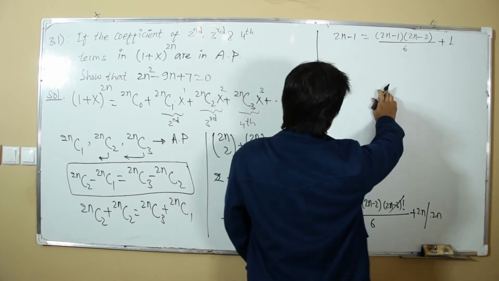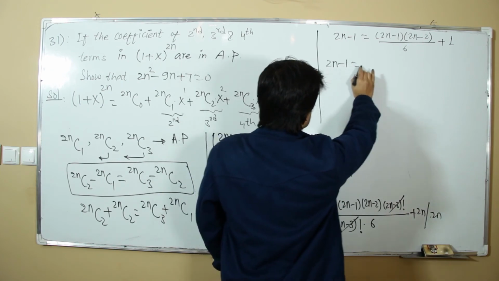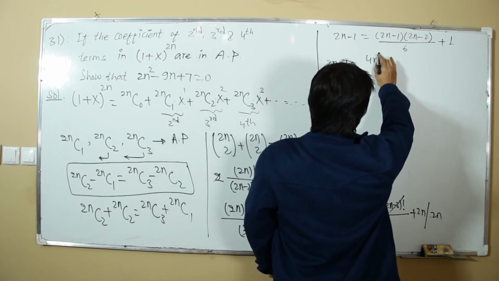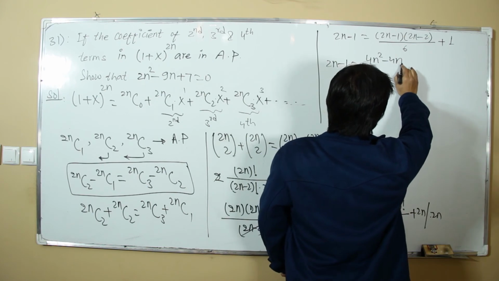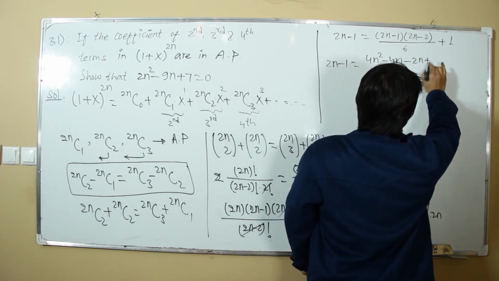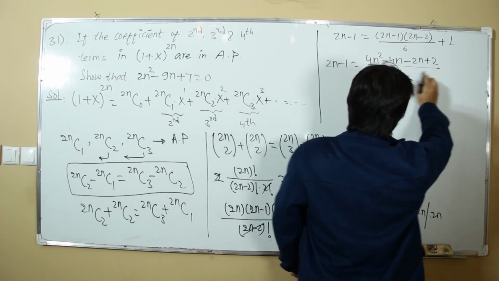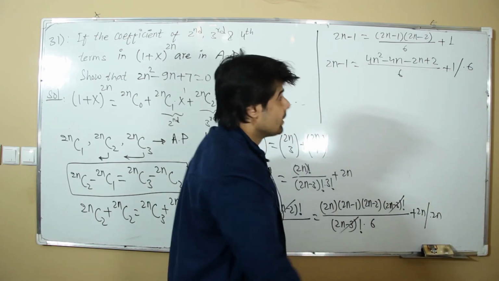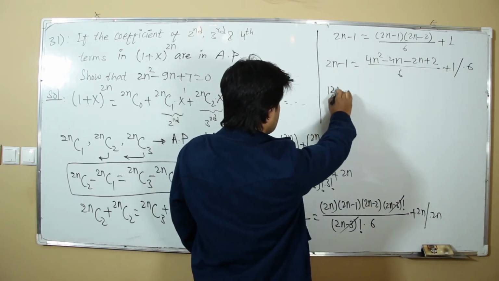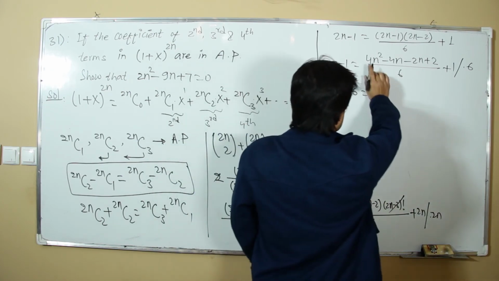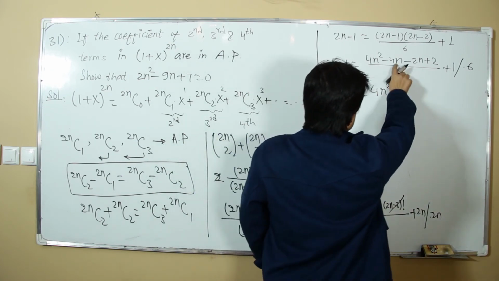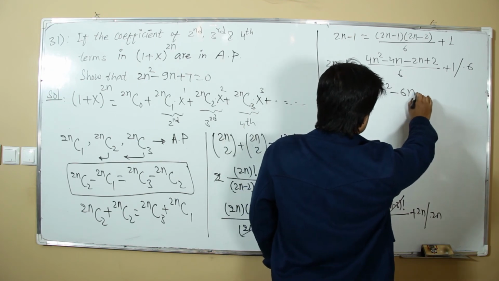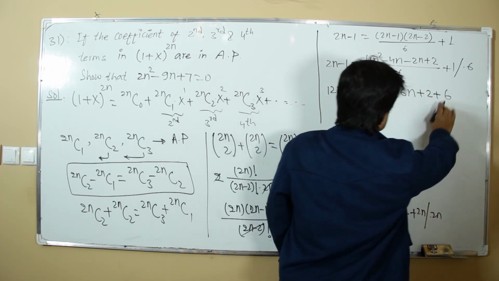Now we have 2n minus 1, and this is 4n square minus 4n minus 2n plus 2 divided by 6 plus 1. If you multiply all sides by 6, you will have 12n minus 6, and in here 4n square minus 6n plus 2 plus 6.